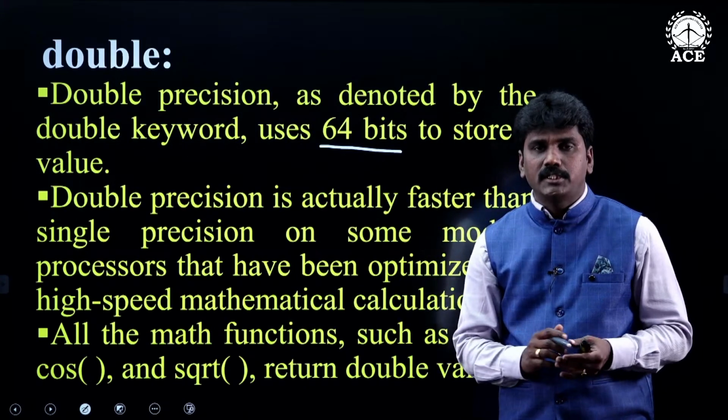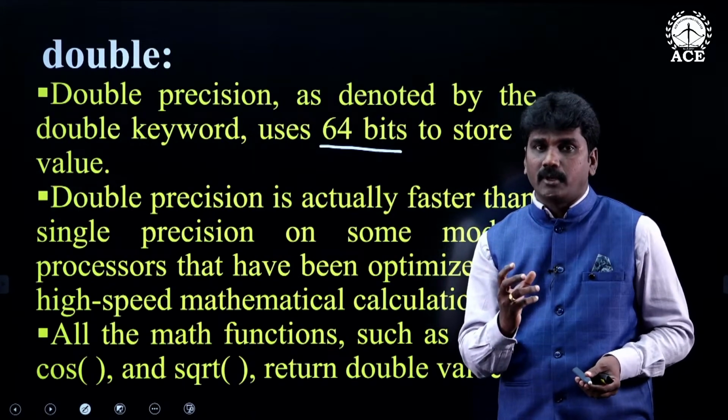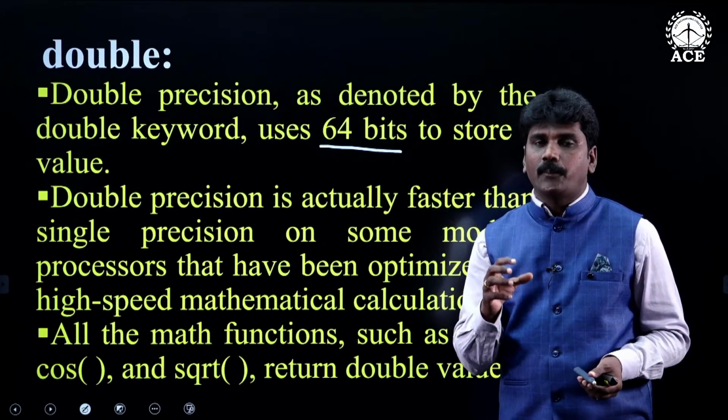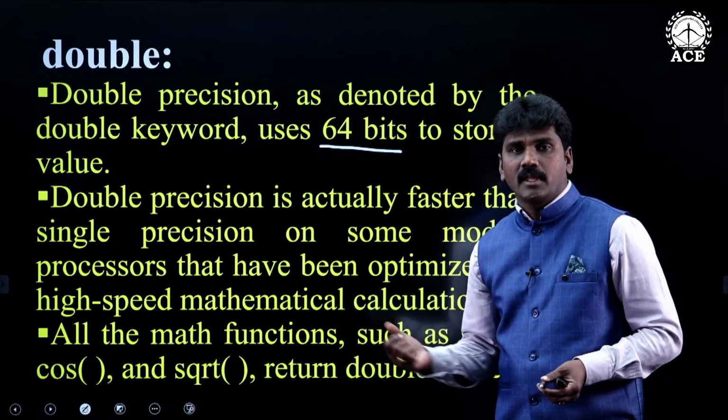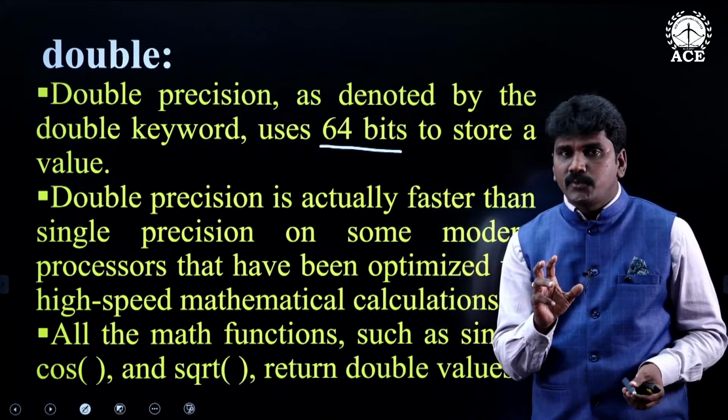For such operations, among the two floating point data types, double is preferable.